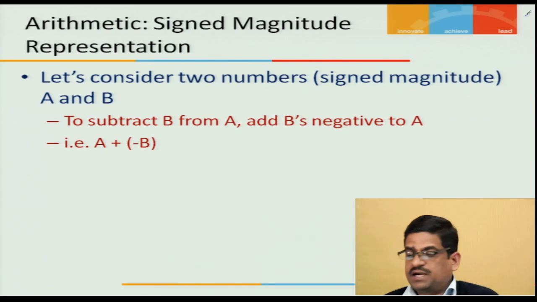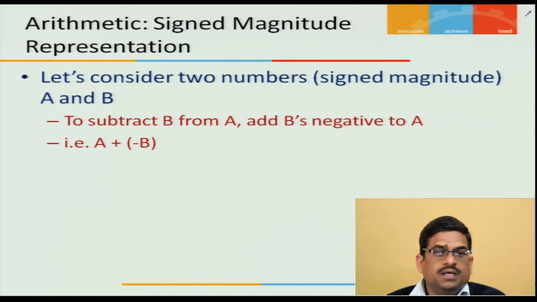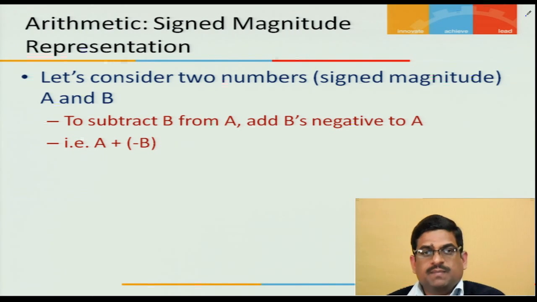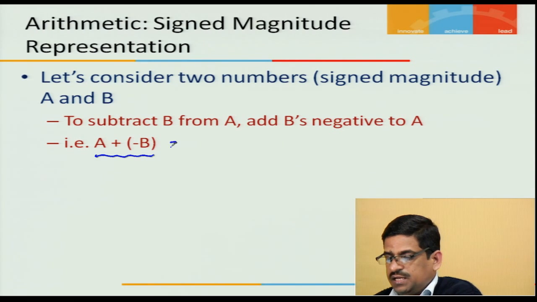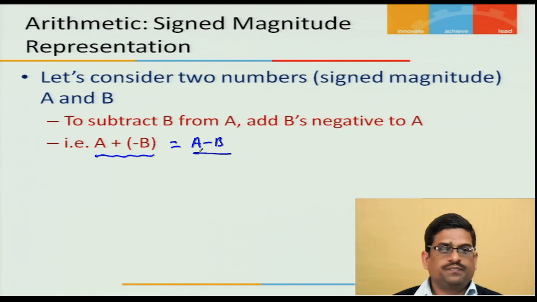So let us say I have to subtract B from A, so A minus B essentially I have to perform. What I will do, I will represent number B as negative. Whatever number is given, I will take the negation of that number. I know how to represent the negative number now, and then add to A. That will essentially give me A minus B, so the subtraction operation can be performed.